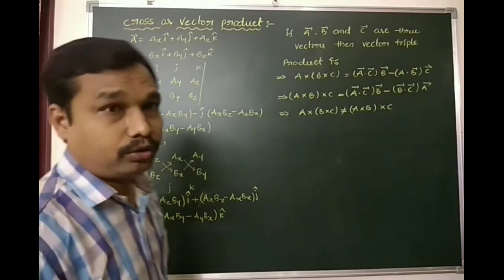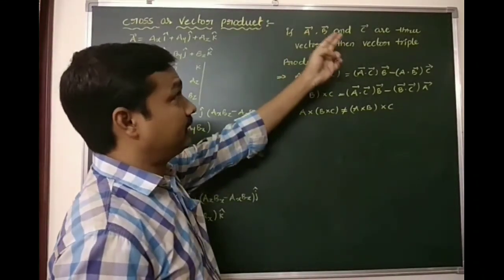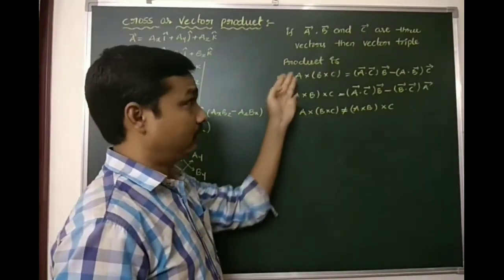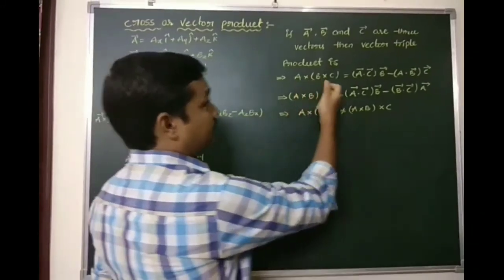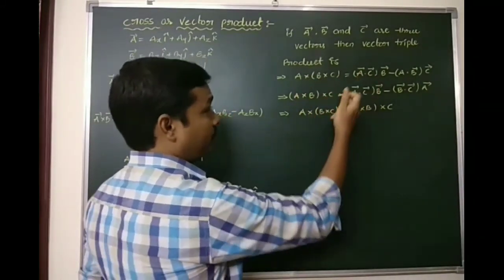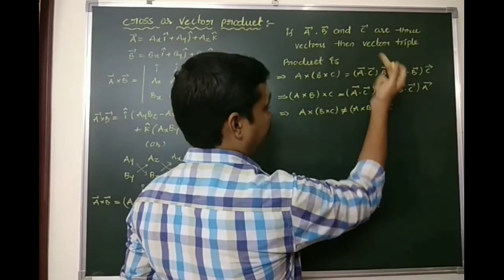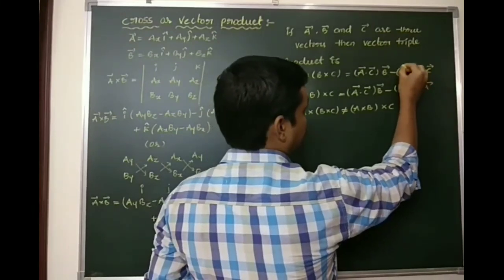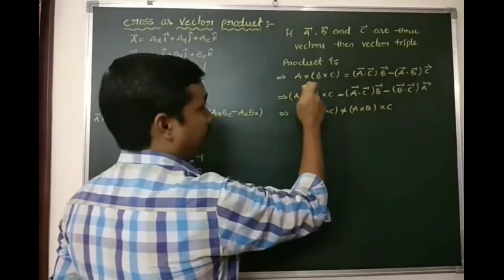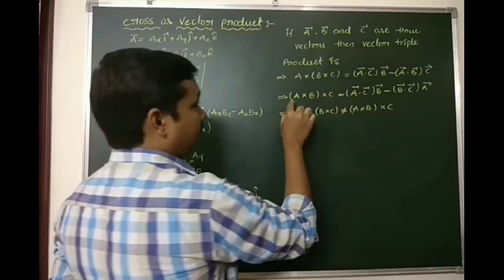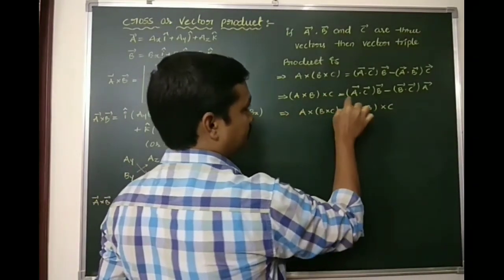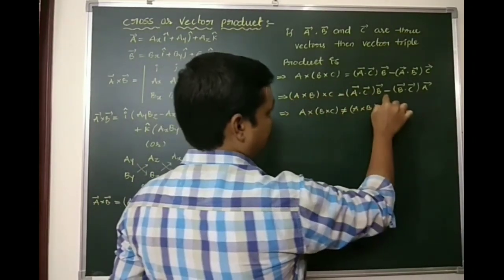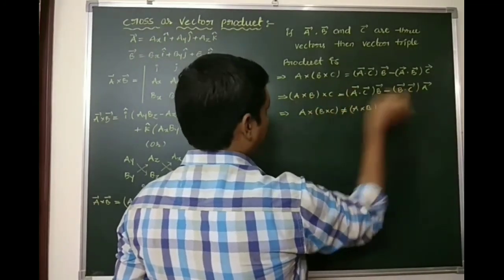Coming to triple product, if A, B and C are the three vectors, then the vector triple product is given by a few formulas. A cross (B cross C) is giving you (A dot C) into B vector minus (A dot B) into C vector. Similarly, (A cross B) cross C is equal to (A dot C) into B vector minus (B dot C) into A vector.